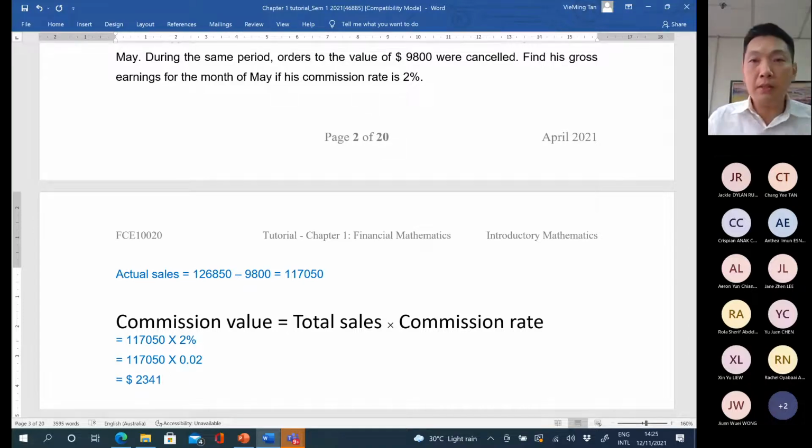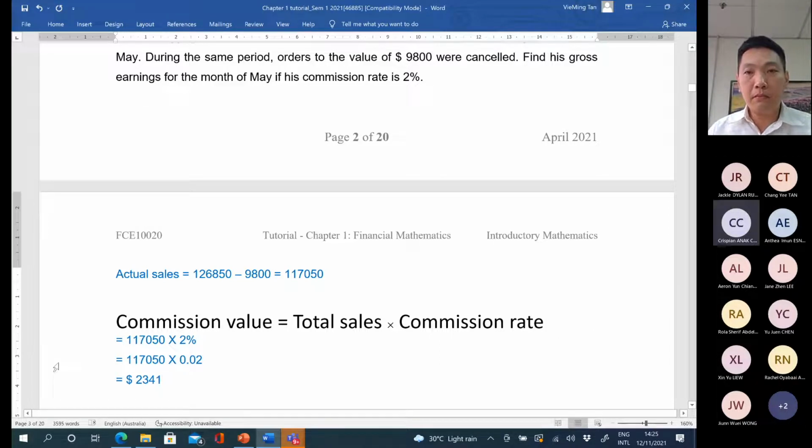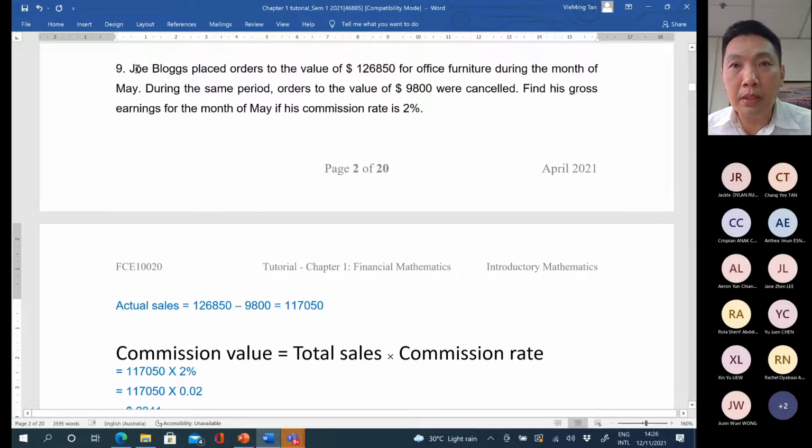So far, any questions on this? So far, so good? Yeah, good. The tricky part, I think, is here, because of this first sentence, some may not really know what it means. This is an order, instead of sales.